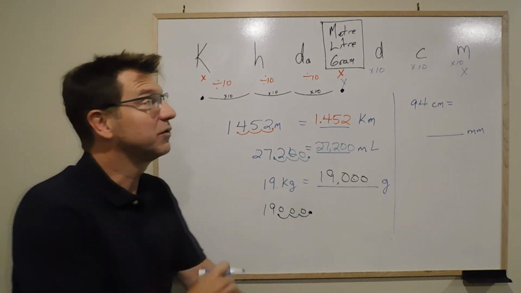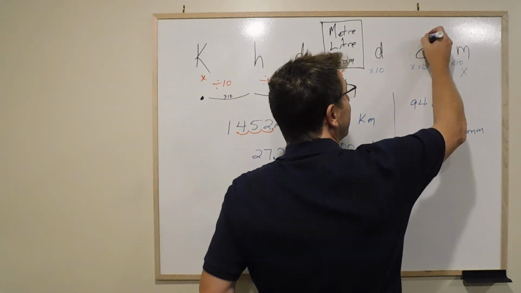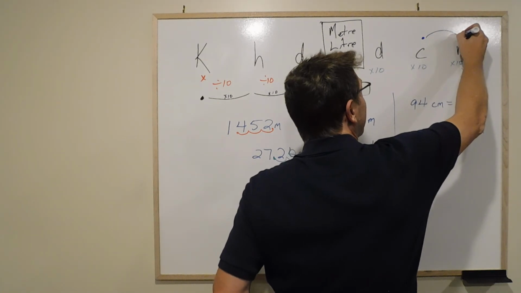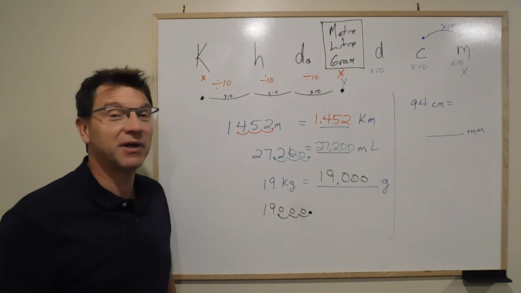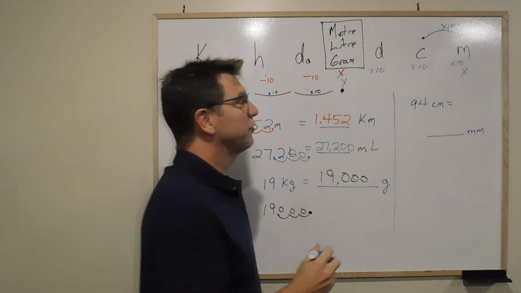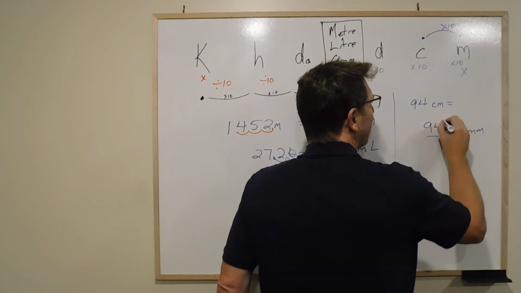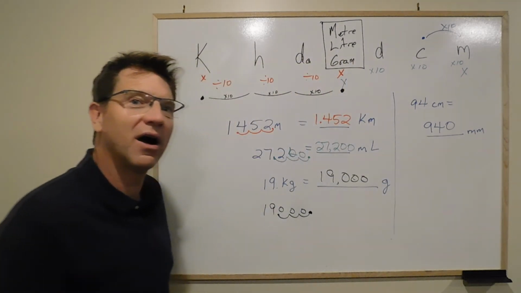Well, notice I'm starting here and I'm going this way, so it would be times 10 just once because I'm going from centimeters to millimeters. So that would be 94 times 10 or 940.